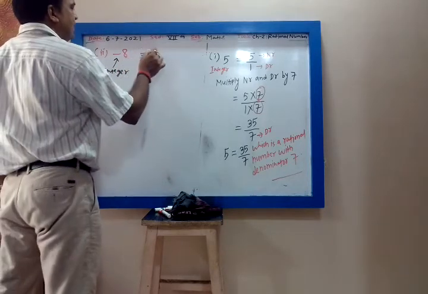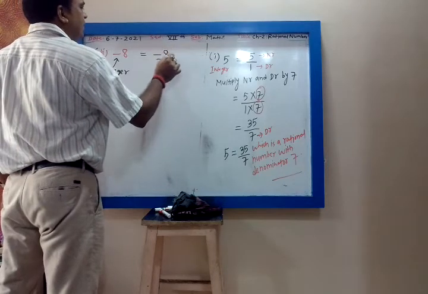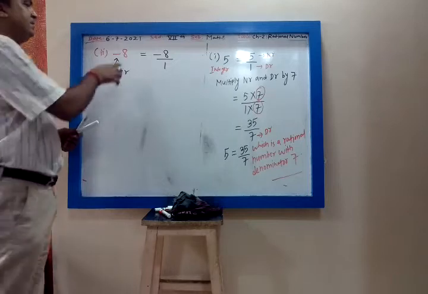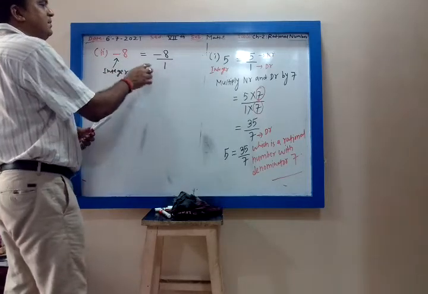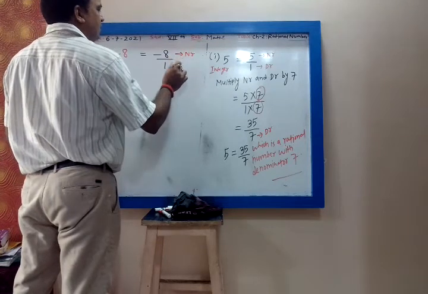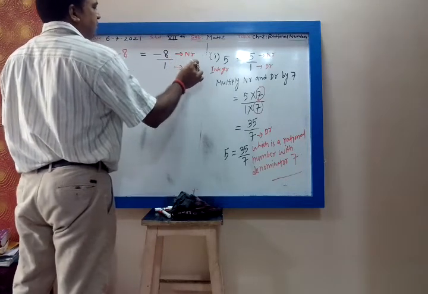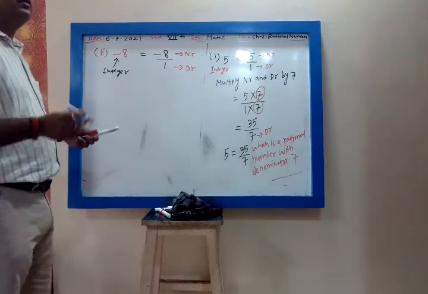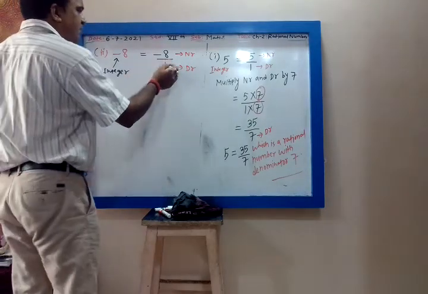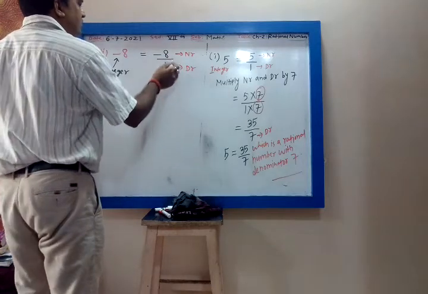So minus 8 I can write as minus 8 upon 1. Whenever any number is divided by 1, you will get the same number. So now minus 8 is my numerator and 1 is my denominator. But you want the rational number whose denominator must be 7. So this 1 I have to convert into 7.